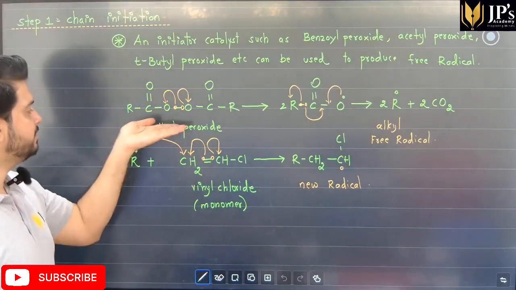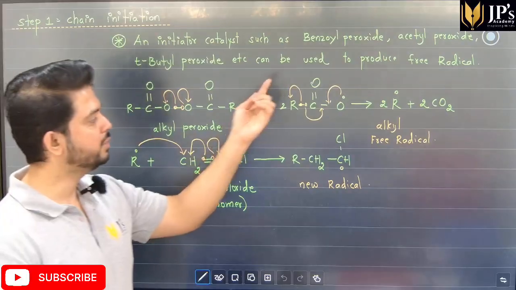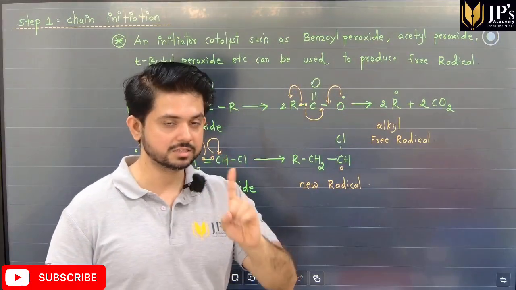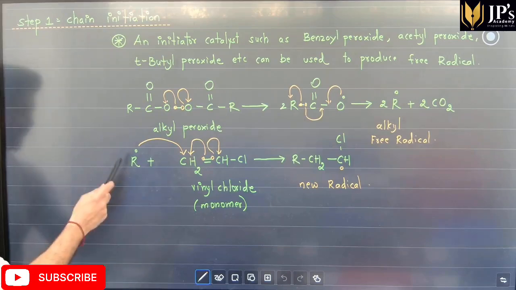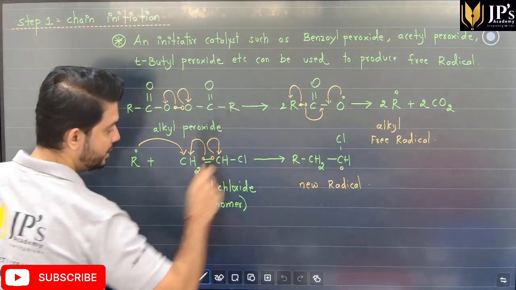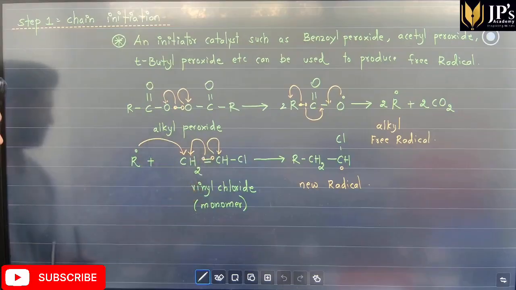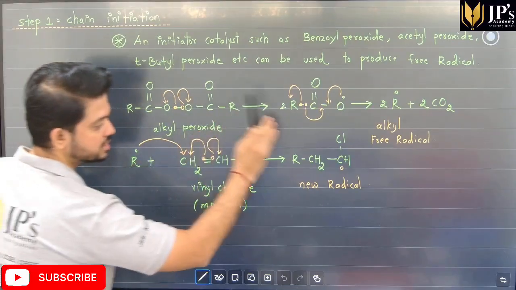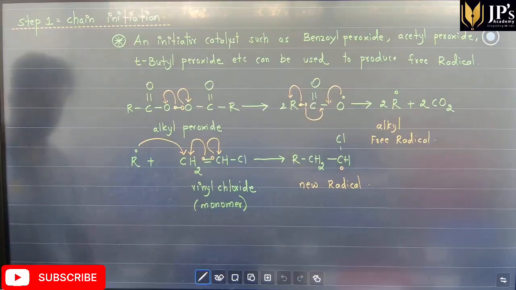For example, we've used the alkyl peroxide over here, and it produces an alkyl radical. This is step one in initiating the chain. Now that alkyl radical will attack the monomer unit. In this case, we've used vinyl chloride, which produces a new radical. This is called chain initiation.